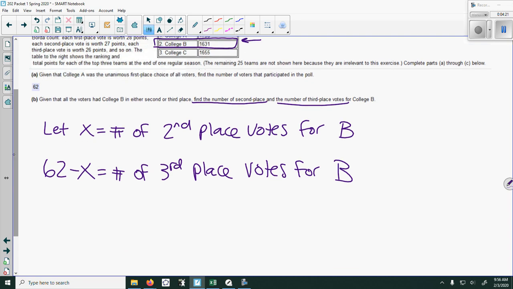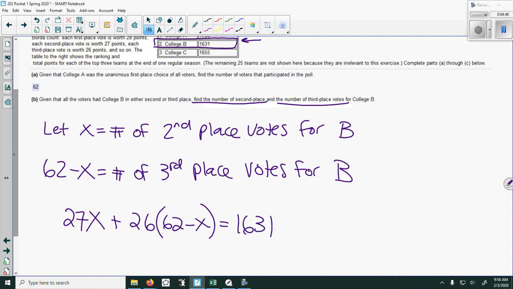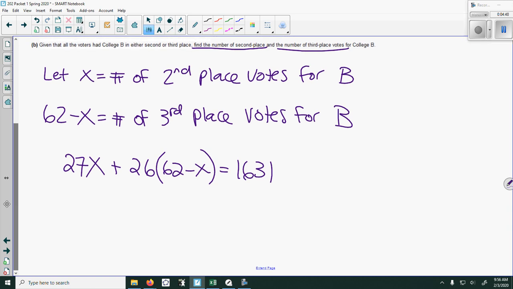Each second place vote gets 27 points, so 27 times the number of second place voters, plus each third place vote gets 26 points, so 26 times 62 minus X, and that equals 1,631. Now I want to solve this equation for X.